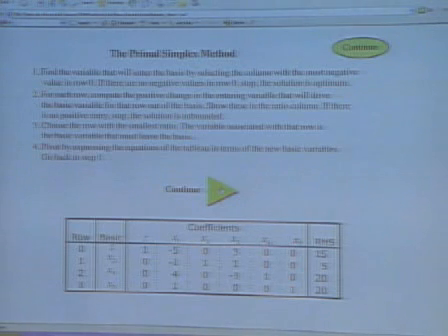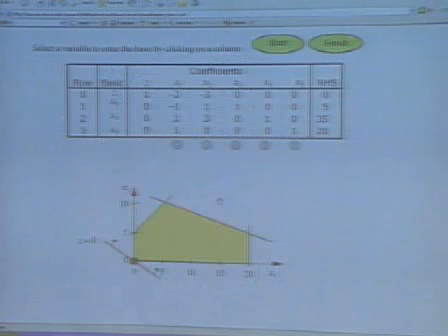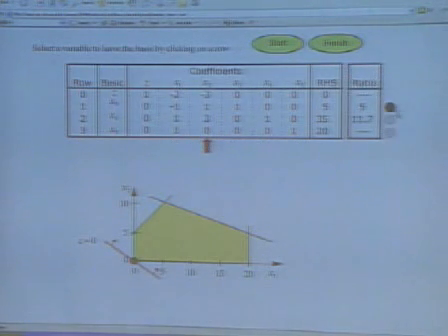And we continue. So now we have to introduce x1 into the basis, which is the only negative coefficient. So this gives you the option of selecting anything you like. So we can select x2, this.